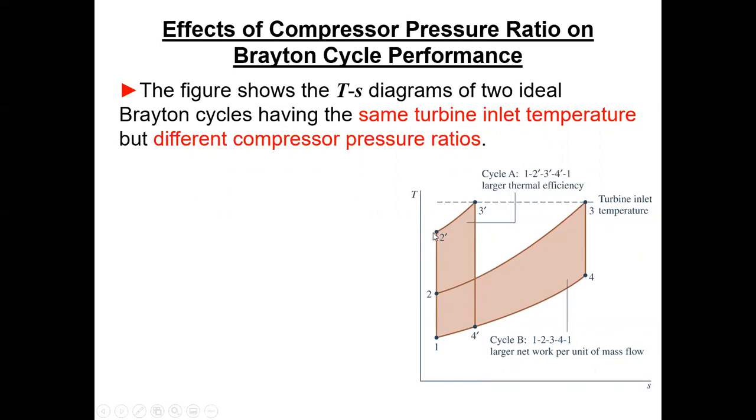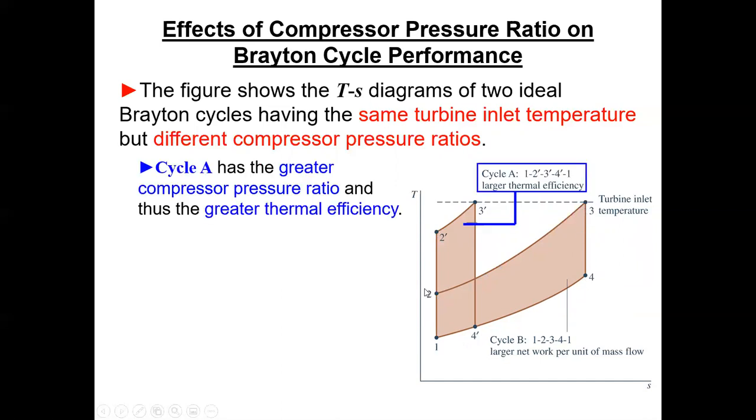This first one has a much higher temperature during the heat addition, so it's going to have a higher thermal efficiency, but this one's got much more work coming out. So it's just interesting. So cycle A, greater pressure ratio, greater thermal efficiency. Everybody good? You drive up that average temperature during the heat addition.